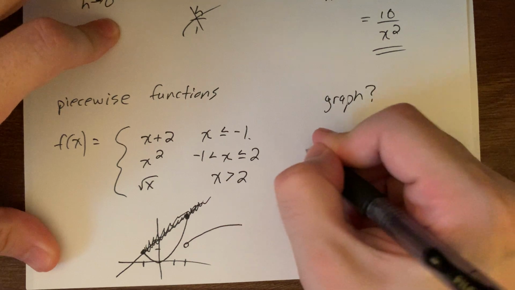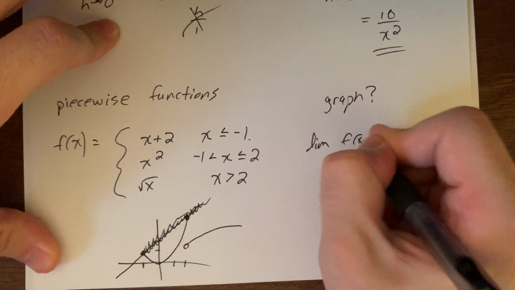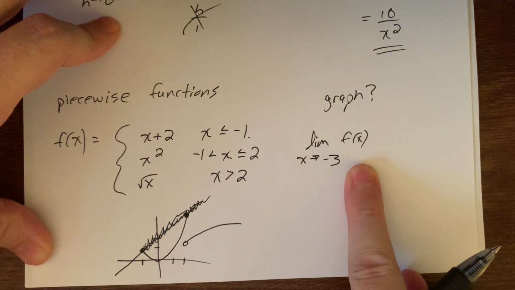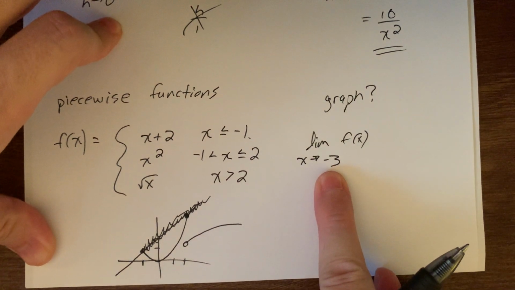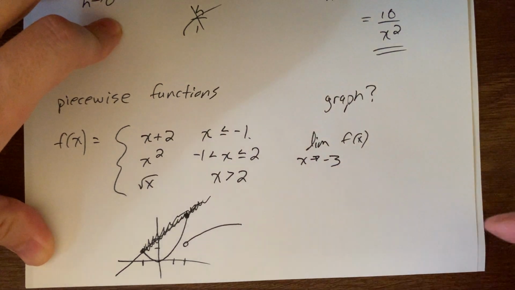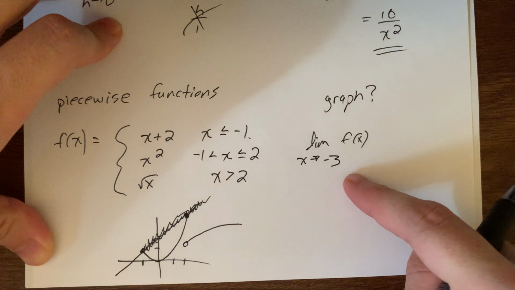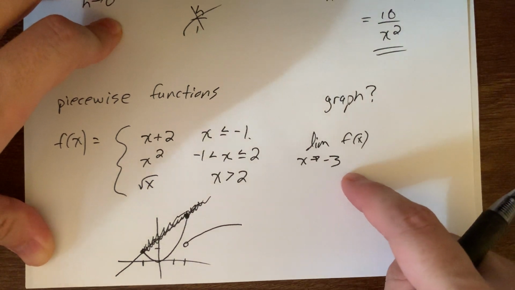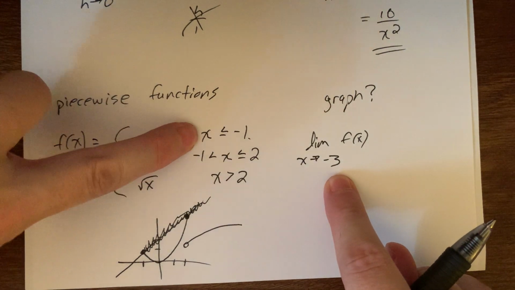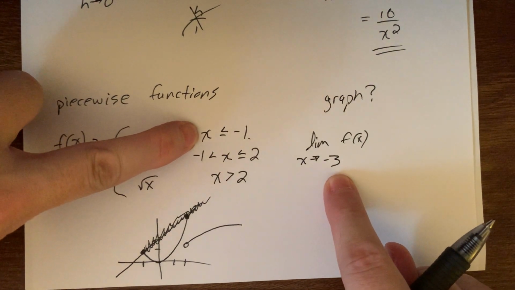So if I asked you what is the limit of f of x as x approaches -3, well, every value that approaches -3 from the left, -3.5, -3.2, -3.1, from the right, -2.8, -2.9, -2.99, every single x is an x value less than or equal to -1.